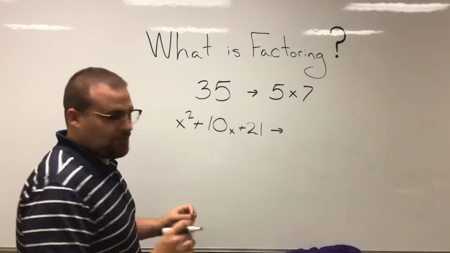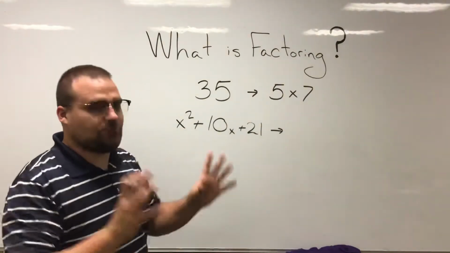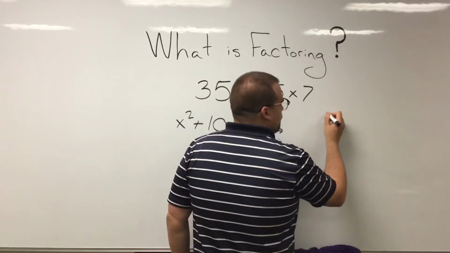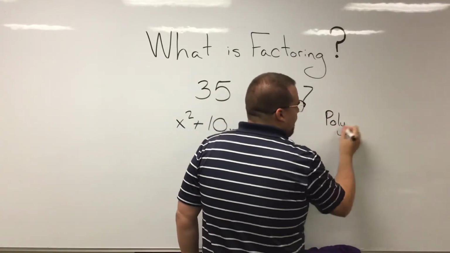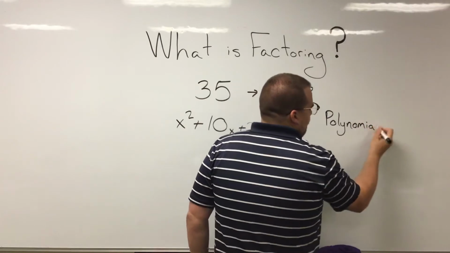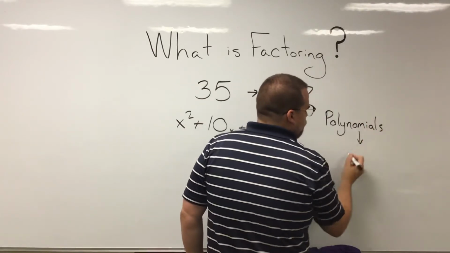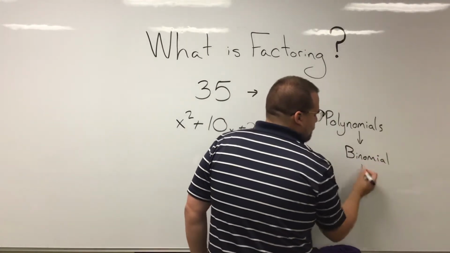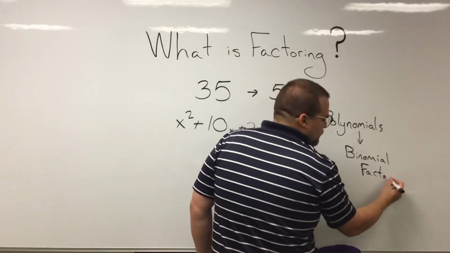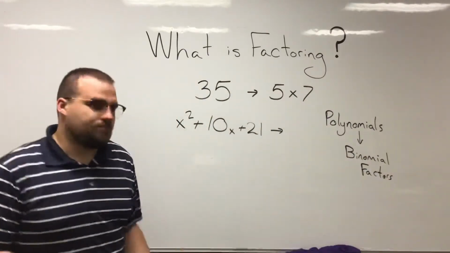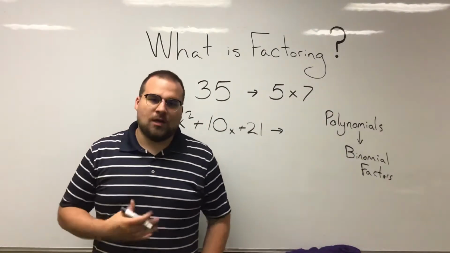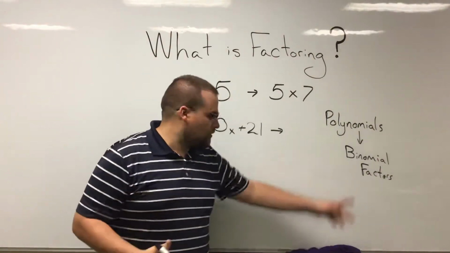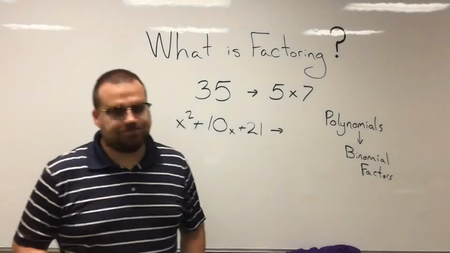But traditionally, and I do want to mention traditionally, there are some other cases, but traditionally, factoring will take polynomials and turn them into binomial factors. Now, we know what a polynomial looks like because I wrote one right here. 3 or more parts. Binomial factors are 2 terms, right? Hence the prefix bi, 2 terms.